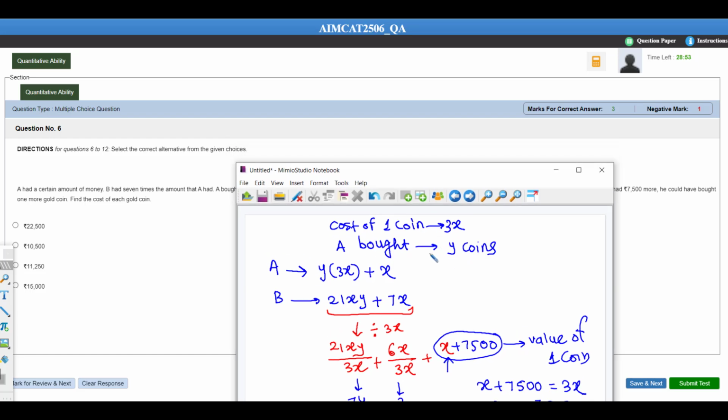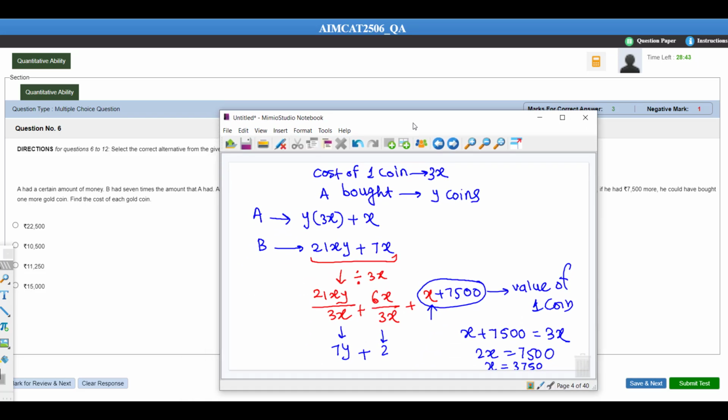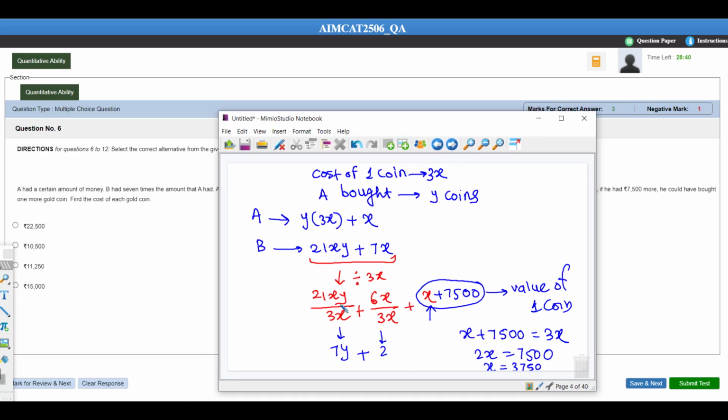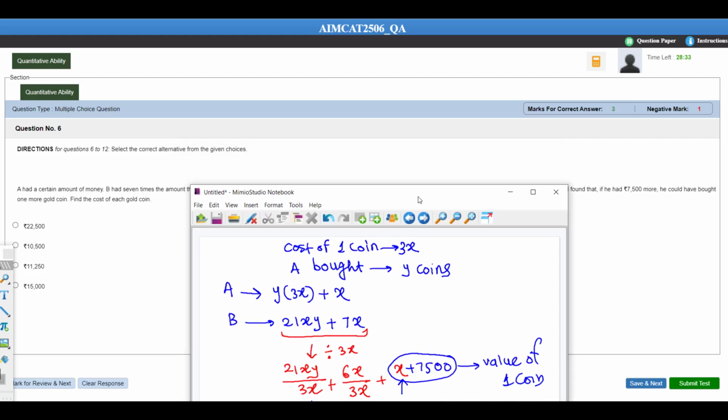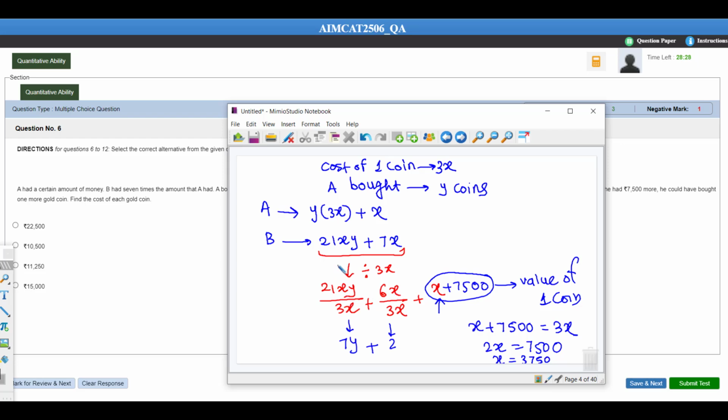So y coins A is going to purchase: y into 3x plus x. 7 times of this divided by 3x is 7y gold coins. 21xy divided by 3x is 7y coins. From this 7x, 3x and 3x, 6x, 2 gold coins, x rupees are left.